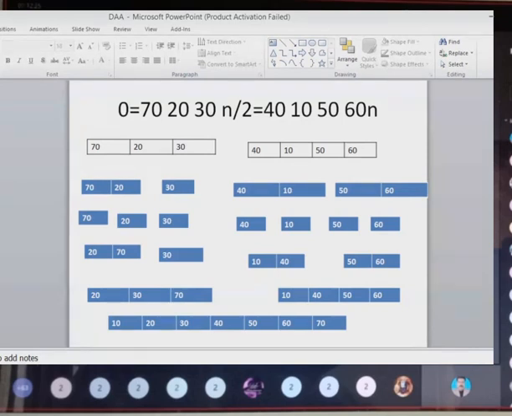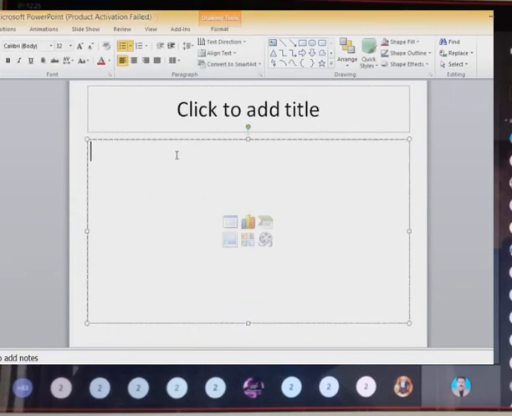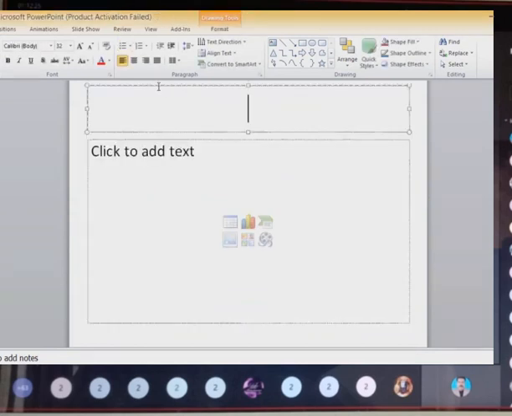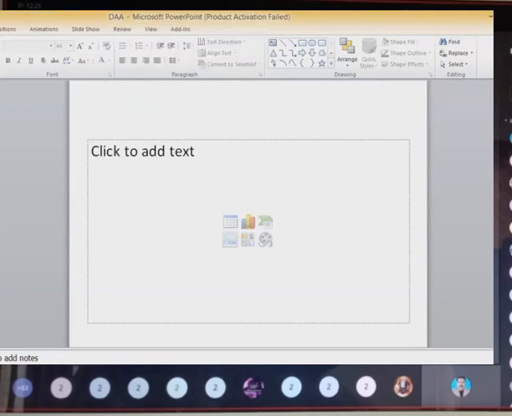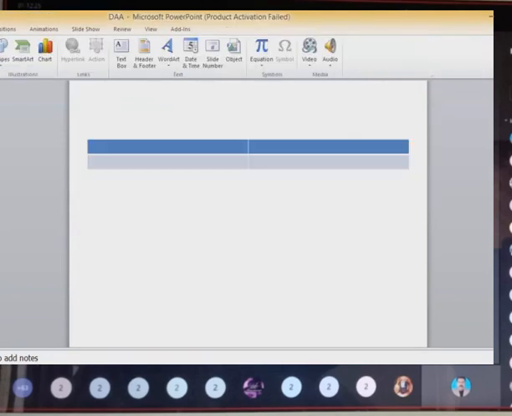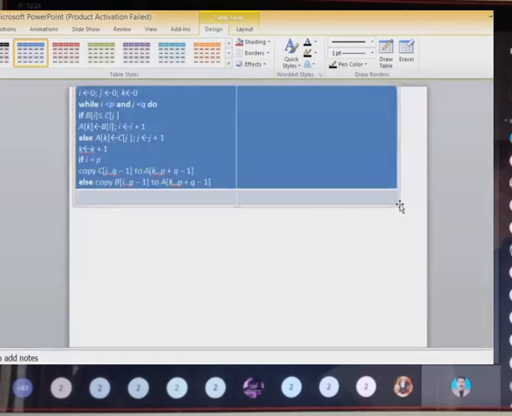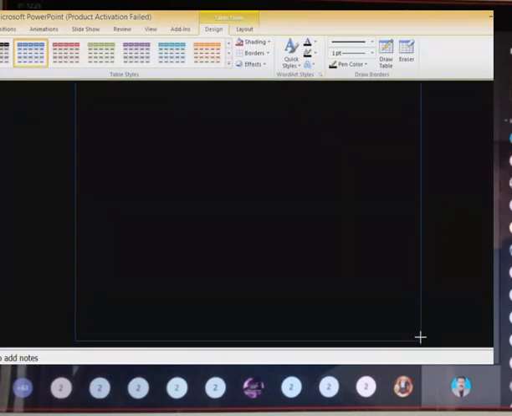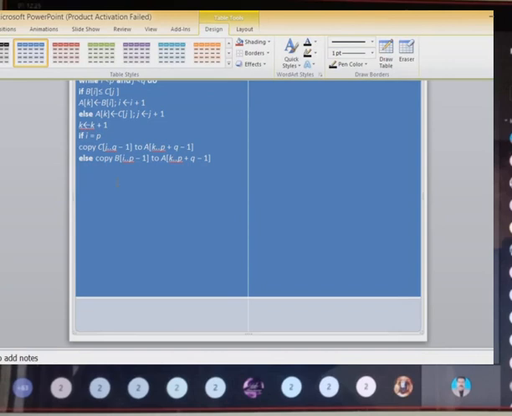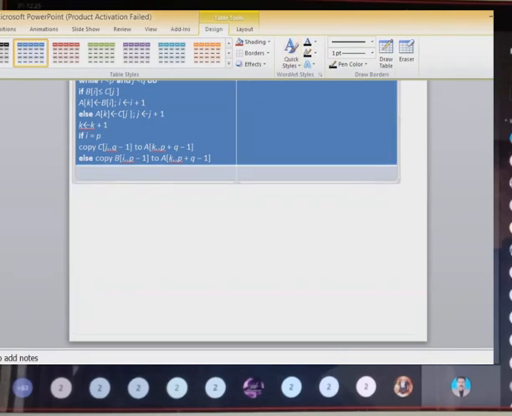Now consider the codings. Consider the pseudocode. Now this is the pseudocode.